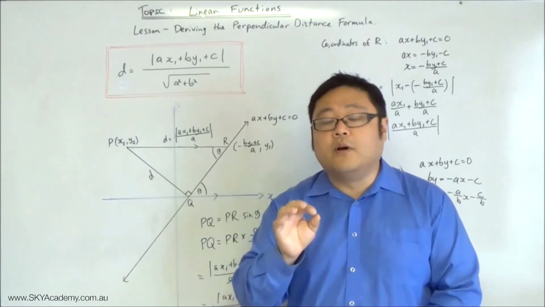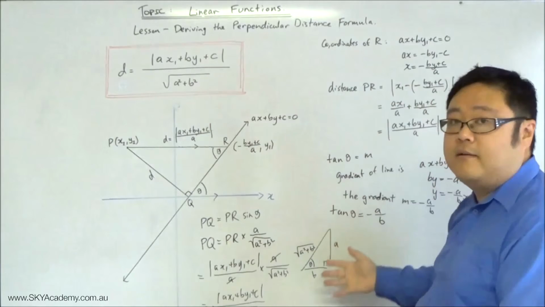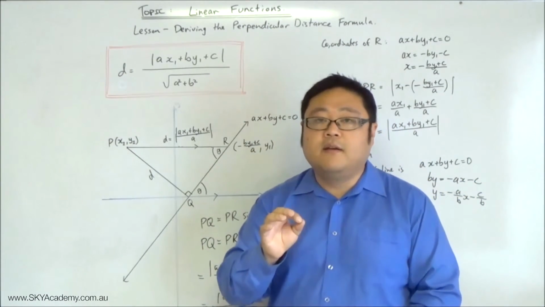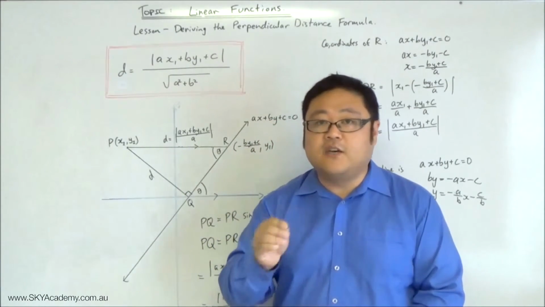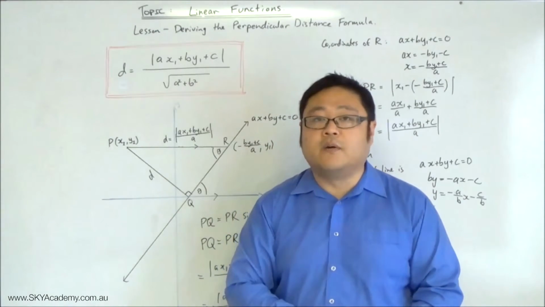So now that we've worked out the perpendicular distance using this method, let me go through the other method with you. The other method, if you've been thinking about it and curiosity is killing you, is doing it this way. I won't go through it. You can actually have a go at doing it.